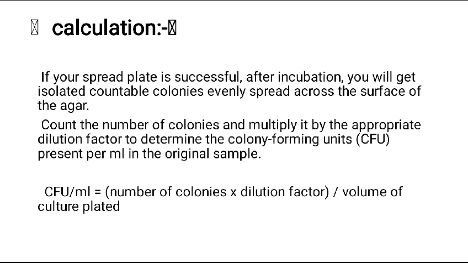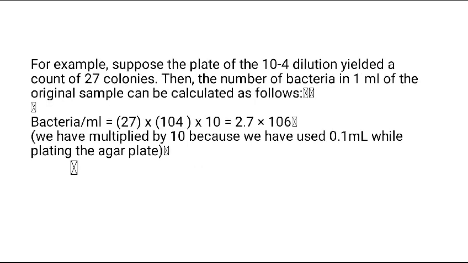CFU per ml is equal to the number of colonies multiplied by the dilution factor and divided by the volume of culture plated. For example, suppose the plate of the 10^-4 dilution yielded a count of 27 colonies, then the number of bacteria in 1 ml of the original sample can be calculated as follows.